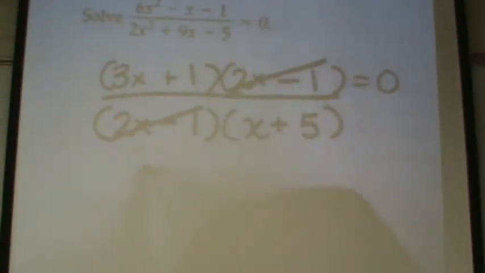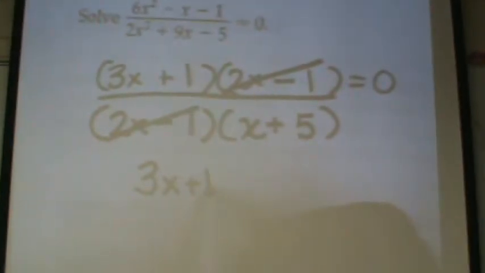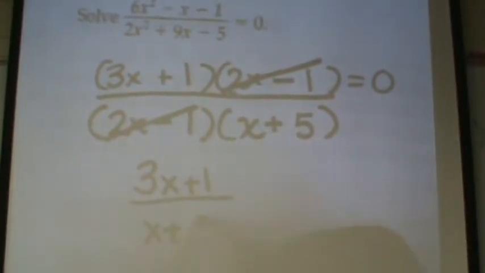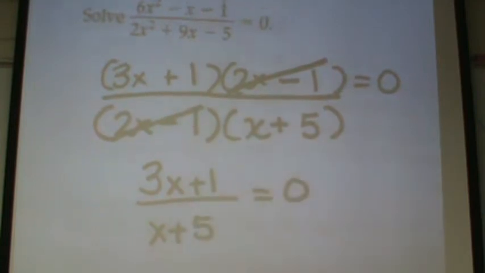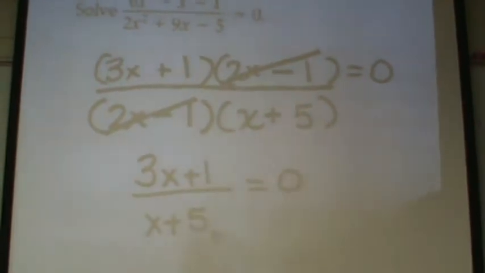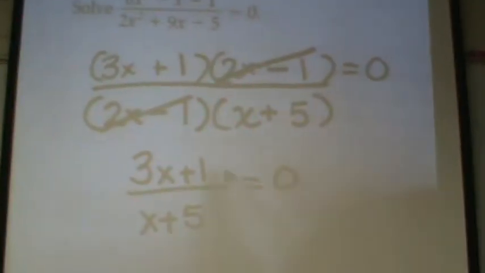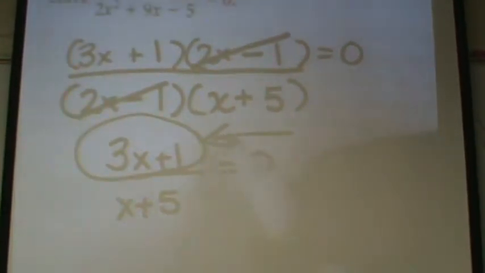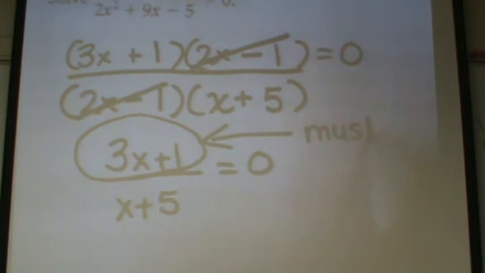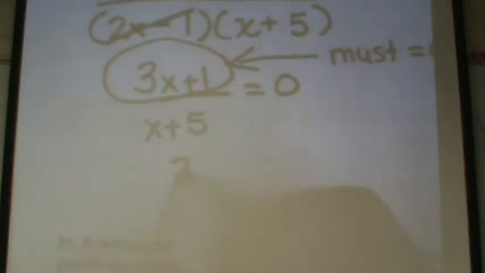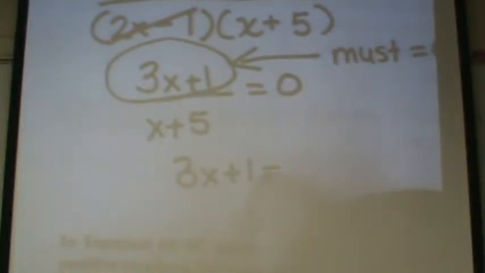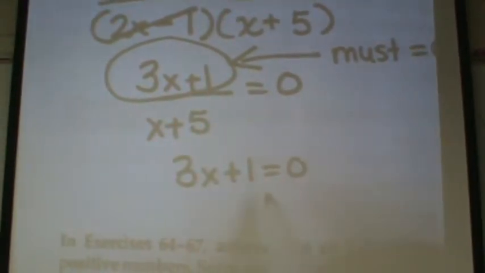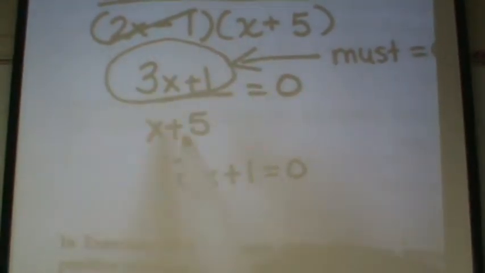So now what you have here is 3x plus 1 over x plus 5. Set this equal to 0. When you have a fraction equaling 0, the numerator must be a 0. So what you do to solve this one now is you set 3x plus 1 equals 0. And what would x have to be to get a 0 in the numerator?